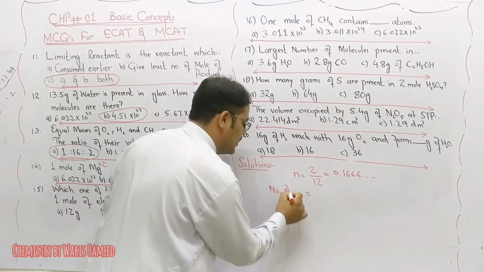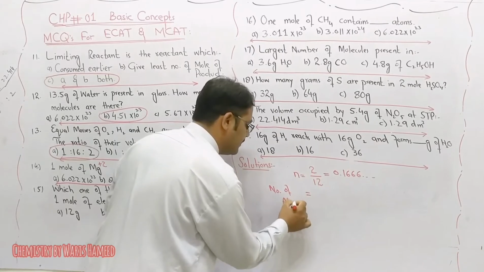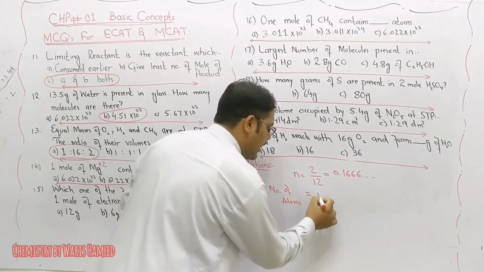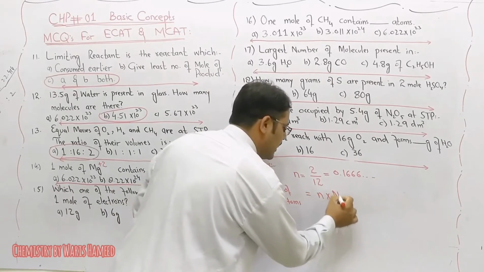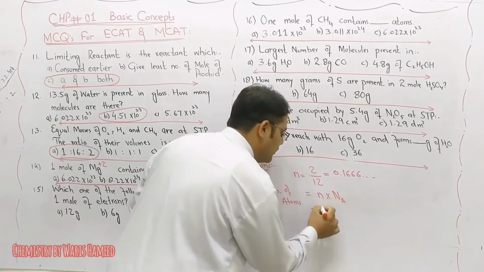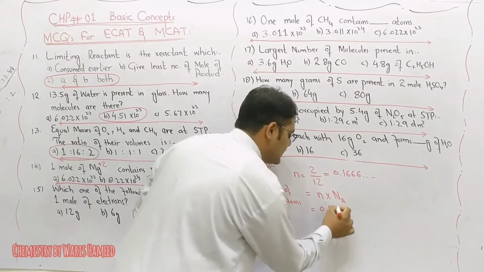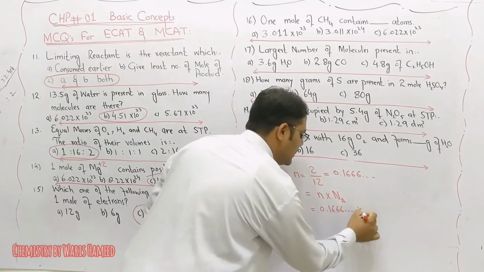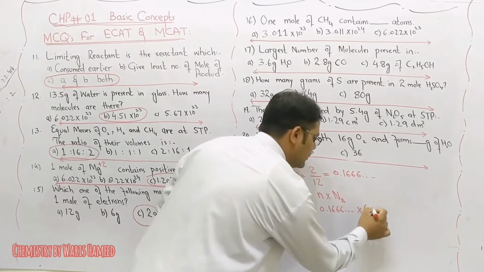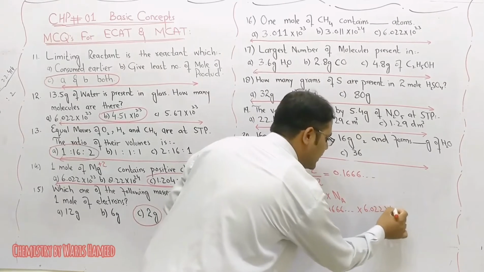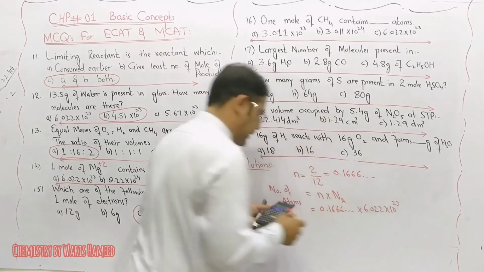Number of atoms is equal to n multiplied by Na, and n is equal to 0.1666 multiplied by 6.022 multiplied by 10 to the power 23.